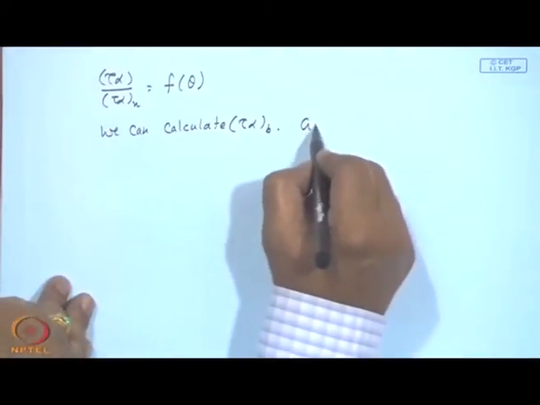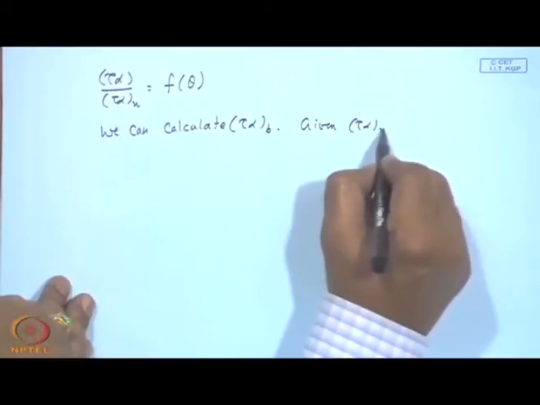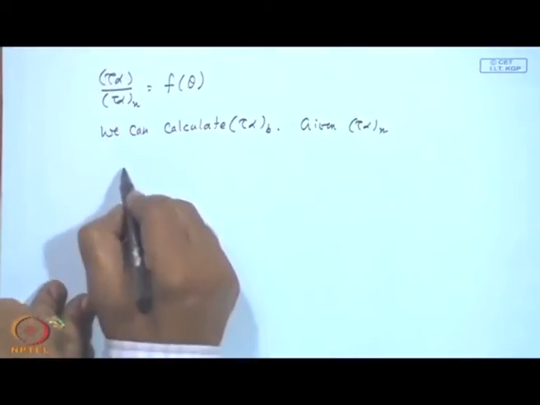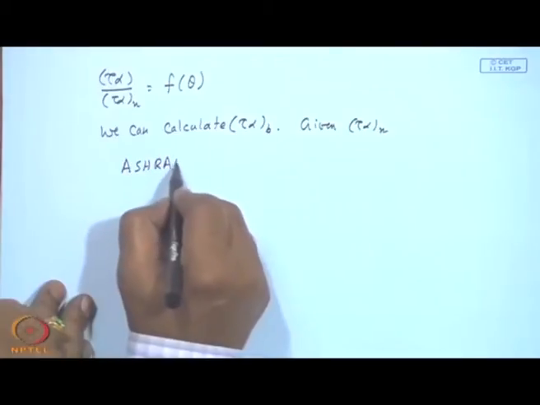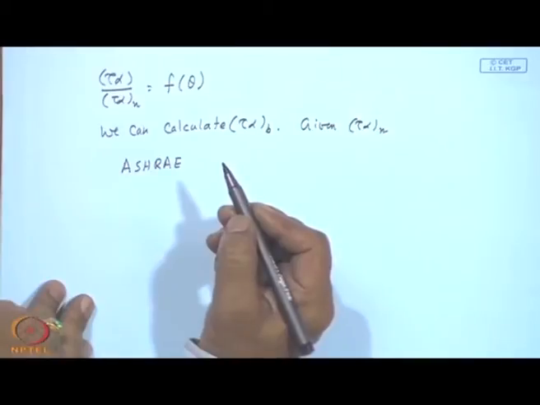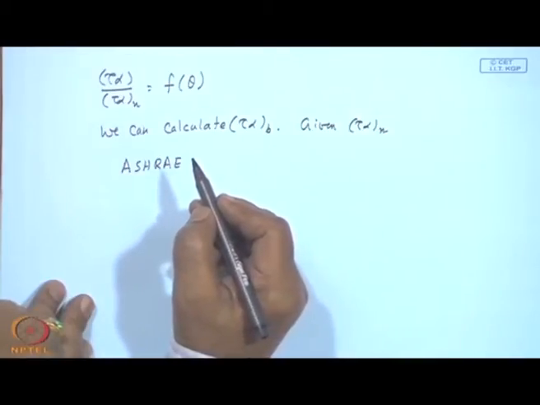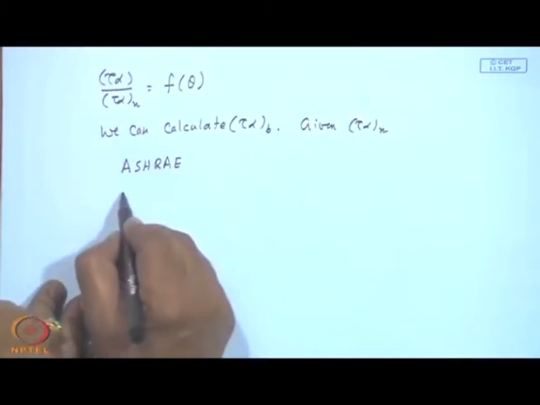given tau alpha n. So, fortunately, ASHRAE has given the functional dependence of the transmittance absorptance product at any incidence angle theta to its normal value.